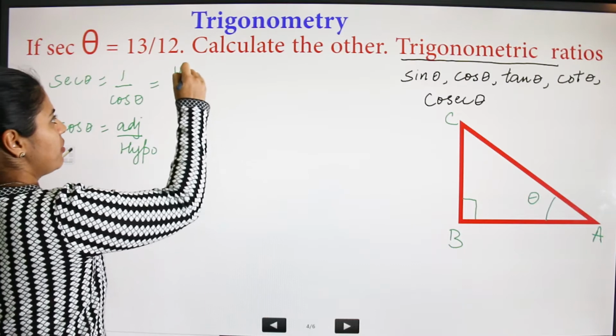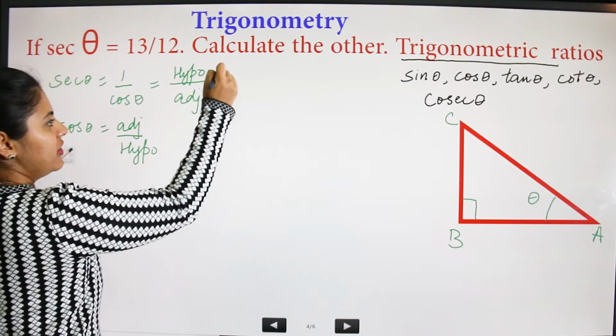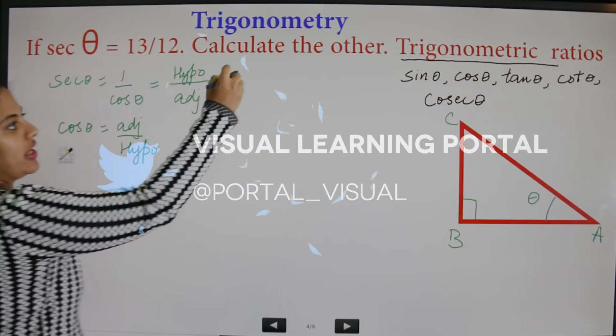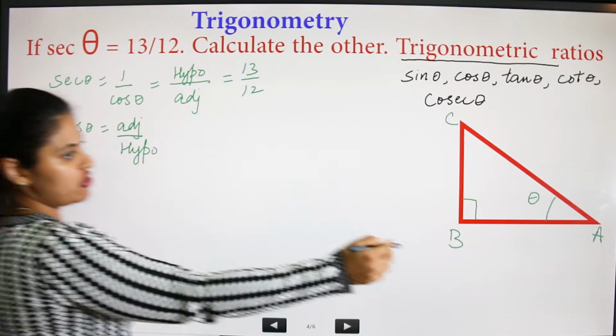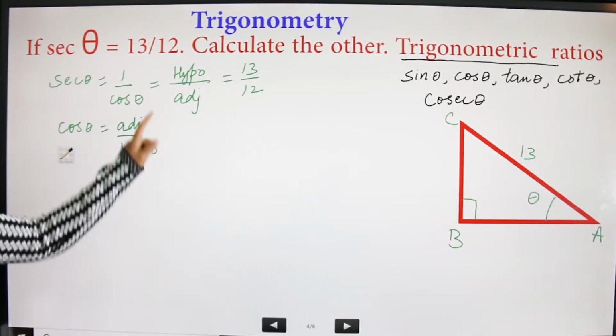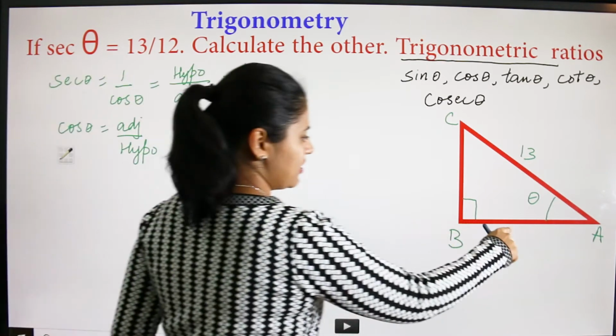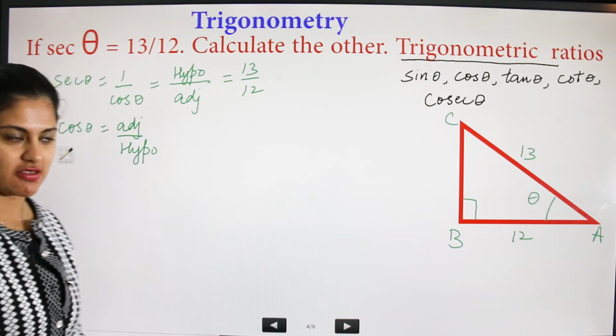You are going to write hypotenuse at the top divided by adjacent. The values are already given to you, which is 13 divided by 12. So, you are going to write at the hypotenuse 13 here because this is the longest side and this is called the hypotenuse side. Adjacent side to theta will be this one, which is also called the base, and you are going to write 12 for this one.